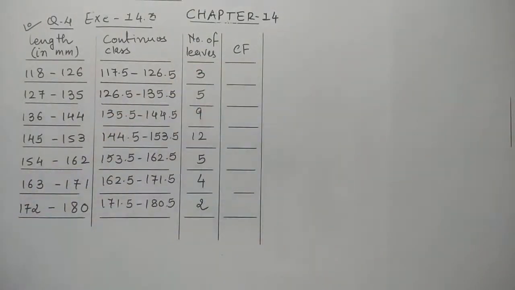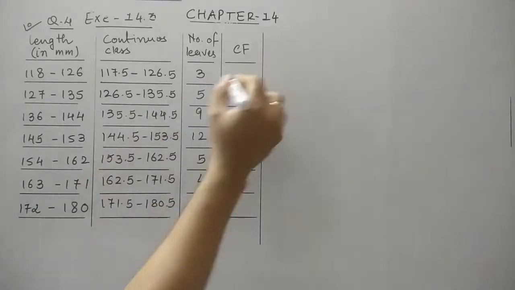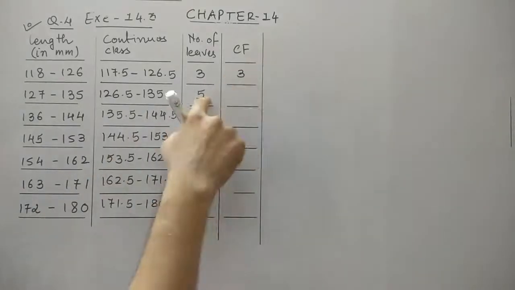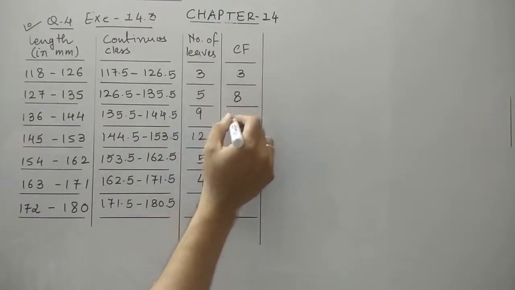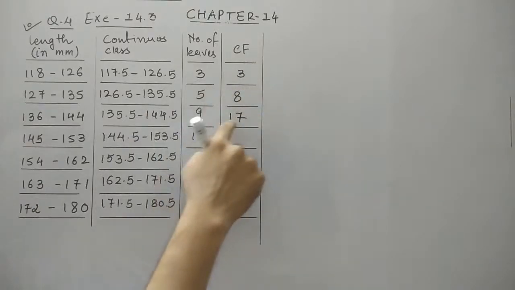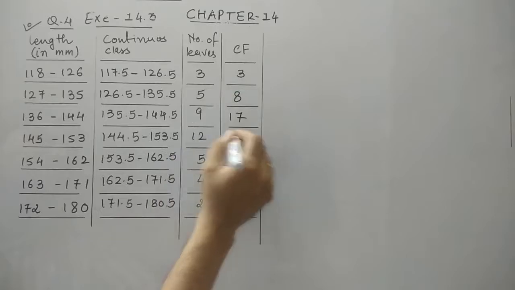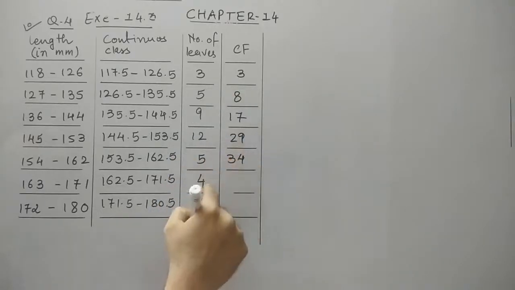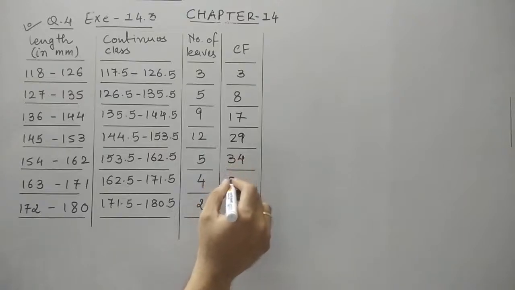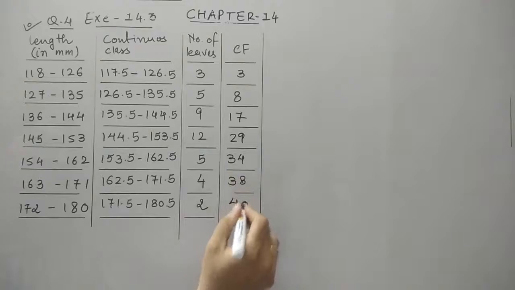Let's find the cumulative frequency in the usual way. This comes 3, 5 plus 3 is 8, 9 plus 8 is 17, 12 plus 17 is 29, 5 plus 29 is 34, 4 plus 34 is 38, and 2 plus 38 is 40.